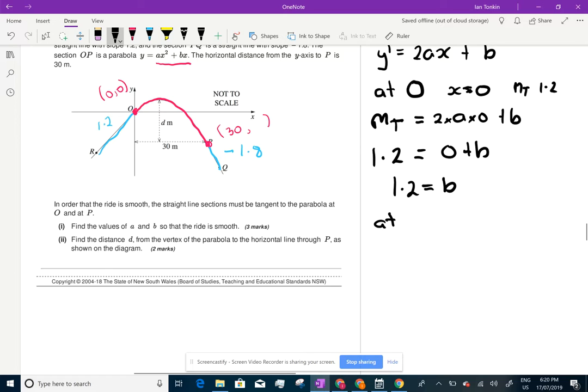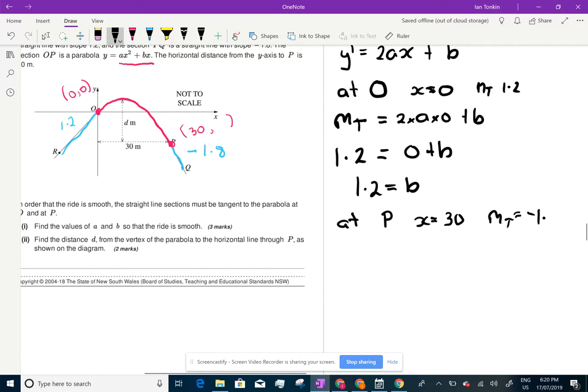What about the other point? Well, at P, x equals 30. Remember? There it is. And the gradient of the tangent is negative 1.8. So therefore, negative 1.8 equals 2 times a times 30 plus 1.2, because remember b is now 1.2.